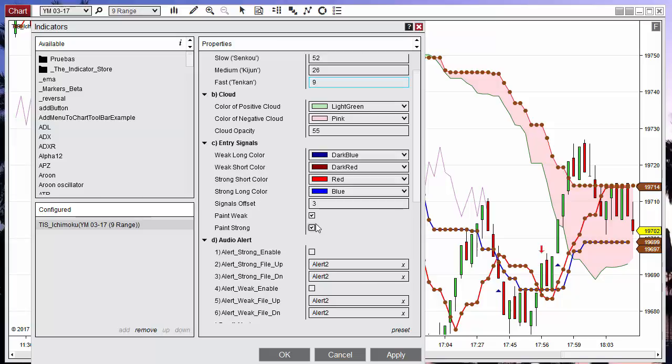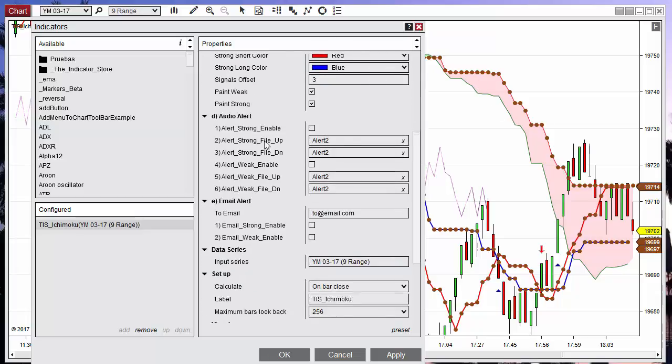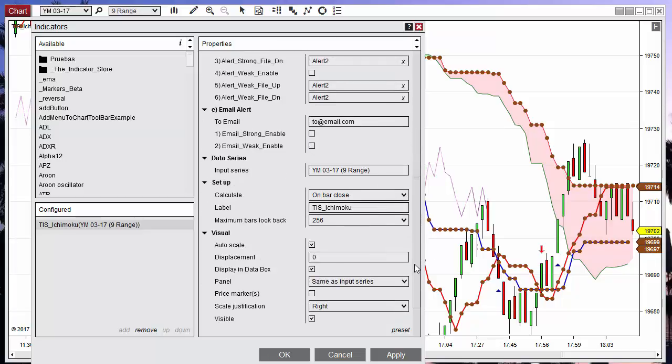The strong signals are those that have the cloud as support. The weak signals are those that have it against the trade. We can also set audio alerts for up and down signals, weak or strong, and also we can send emails.